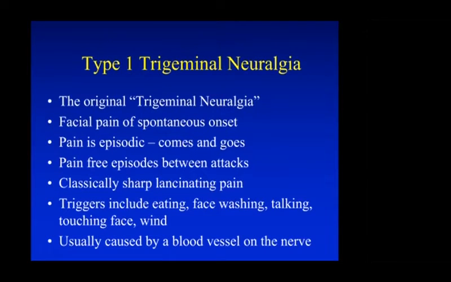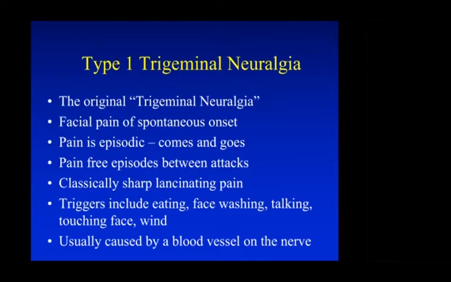So the first category is type 1 trigeminal neuralgia. When you hear some physicians say classic trigeminal neuralgia or original trigeminal neuralgia, this is essentially what they're talking about. But the use of the nomenclature type 1 trigeminal neuralgia is much more specific.